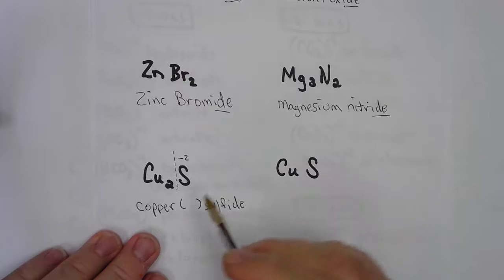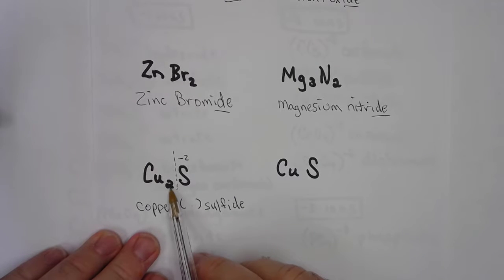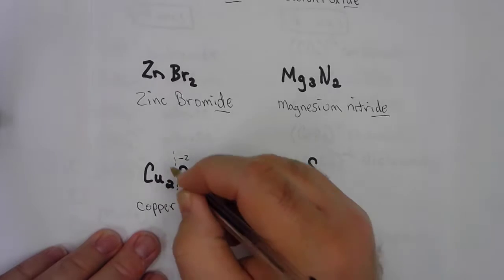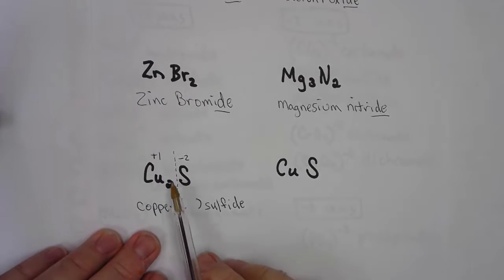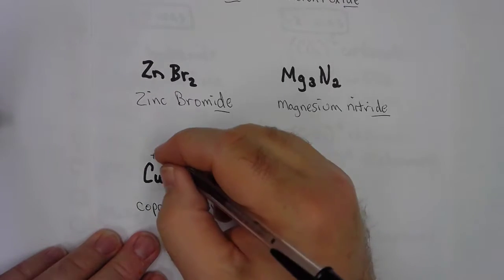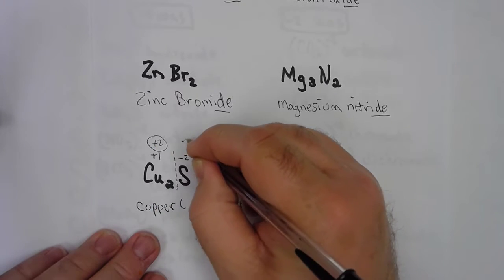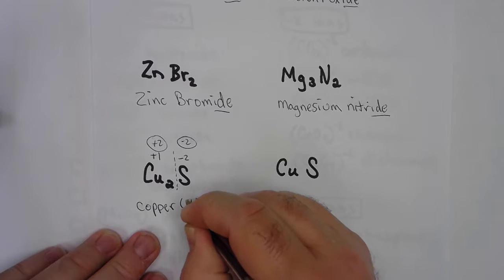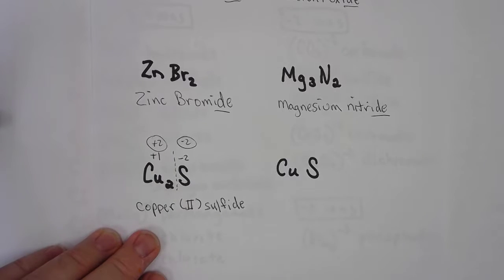The copper has to balance the -2. We have 2 copper ions to do that, so each one of those 2 copper ions must be +1. So +1 times 2 would be +2 for this side, and we've got -2 for that side. The +2 tells me this is copper 1 sulfide.